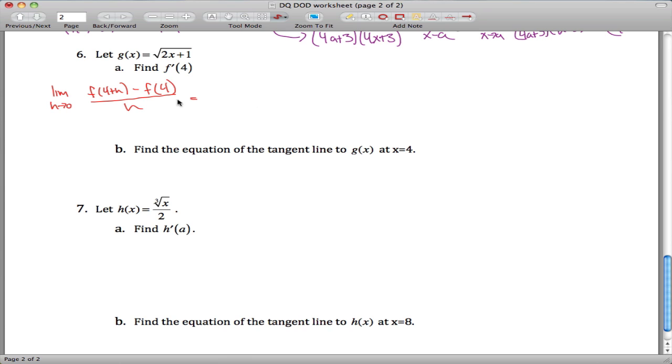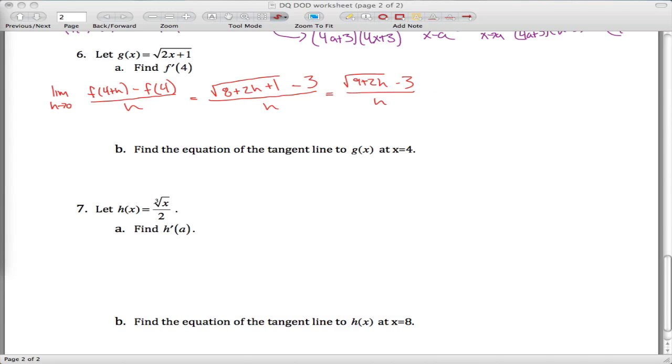And so that's f of 4 plus h is the square root of 8 plus 2h plus 1. F of 4 is the square root of 9. So what I have up top is the square root of 9 plus 2h minus 3, and on the bottom an h. So the trick we do when we have a square root like this is multiply by the conjugate.